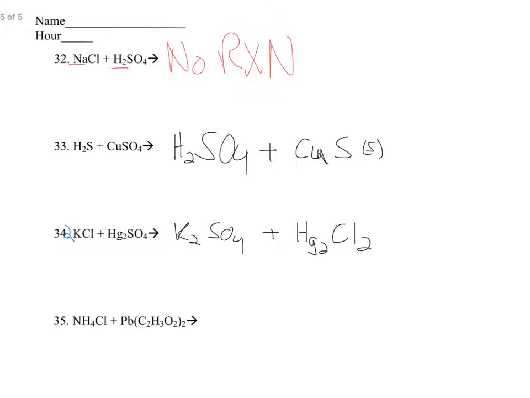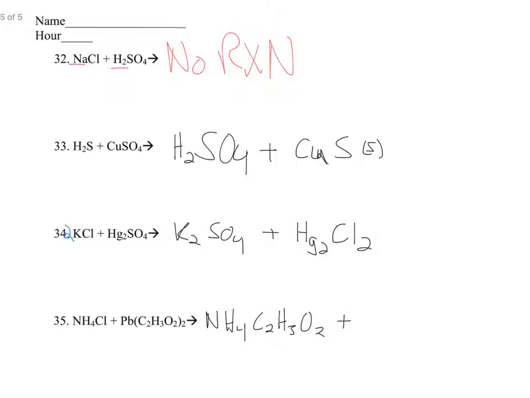Next problem, I have ammonia. A lot of us would say, well, anything I mix with ammonia is going to be soluble, and you are correct. So that just means that this is not our insoluble salt.